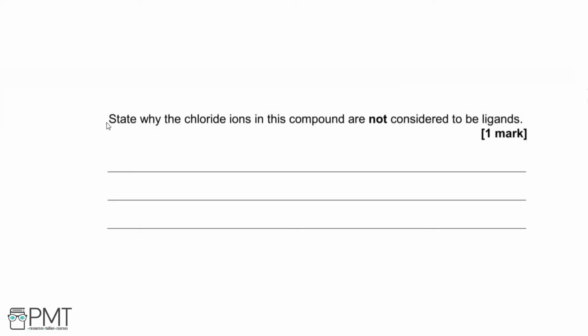For this part of the question, we need to state why the chloride ions within the compound are not considered to be ligands. So just to refresh, our compound has got the following formula here. So we've got a transition metal complex, and then we've also got our chloride ions.